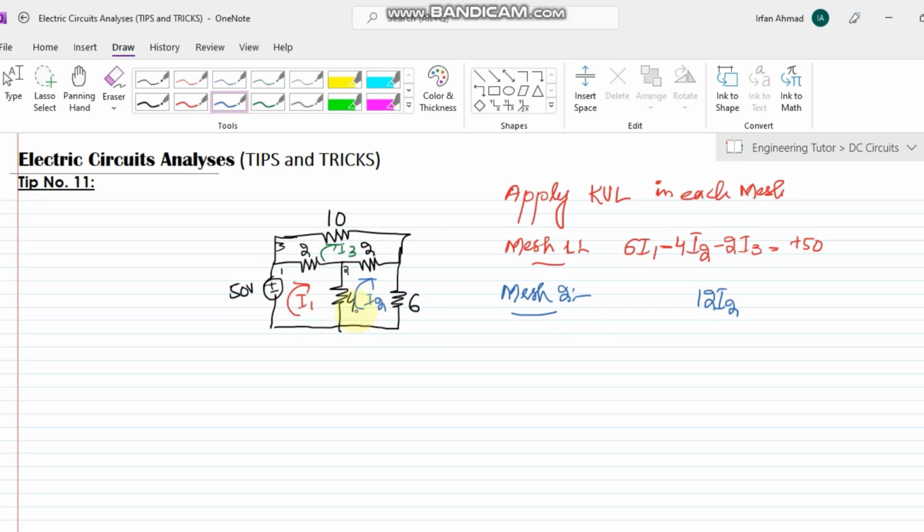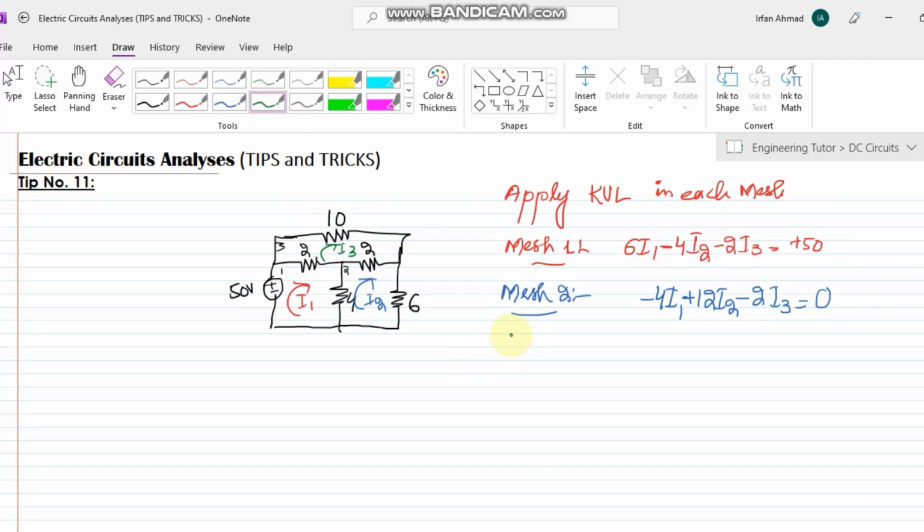The resistor 4 is shared with mesh number 1, so I write a negative sign with 4 and the current of mesh 1, so minus 4I1. Only the current of the mesh you are in gets the positive sign. So that is minus 4I1 plus 12I2. Another shared resistor is this 2 ohm, shared between the second and third mesh, so similarly minus 2I3. As there is no voltage source here, I write 0.